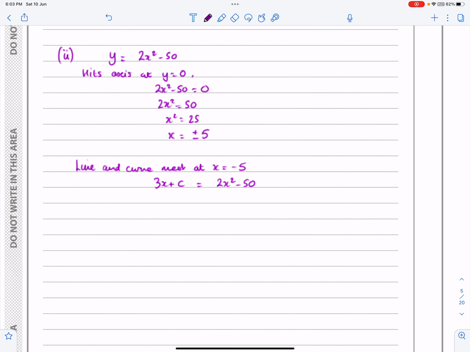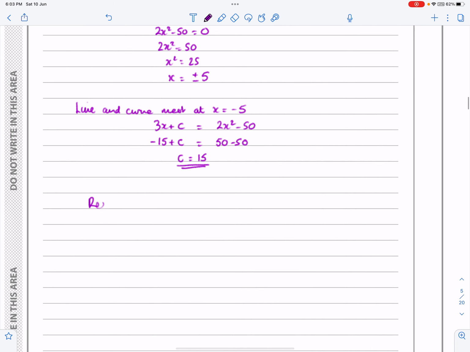So if we put x equals -5 in, we get -15 plus c equals, well, that's going to cancel, 50 minus 50. I'm going to get c minus 15 equals 0. c is just going to be equal to 15. So now I know that my straight line is y equals 3x plus 15.